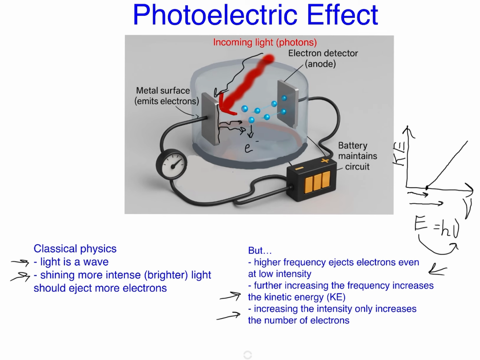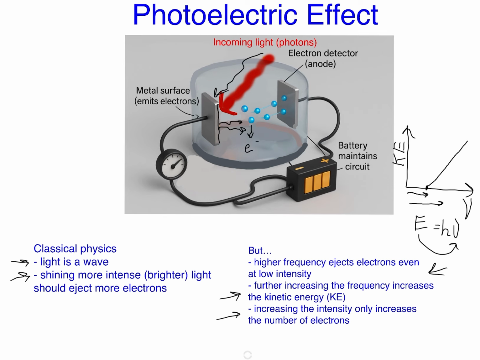Quantum physics explains this by treating light not just as a wave, but as photons, particles. Each electron absorbs the energy of a single photon. If the photon's energy is below the metal's work function, nothing happens, even at high intensity, no matter how high you make the intensity, as classical physics earlier suggested.